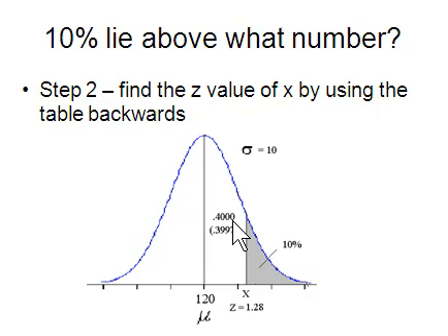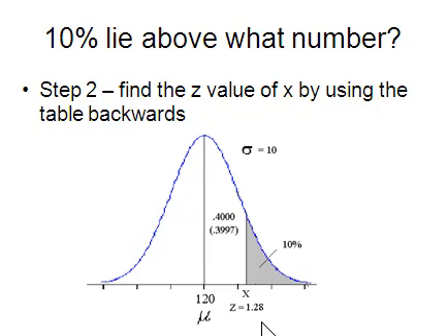What I'm going to do is look in the body of the table for the value closest to 0.4000, and you will find 0.3995 in the body of the table. That translates to a z-value of 1.28. So I know that a distribution that has a z-value of 1.28 has 10% above that.